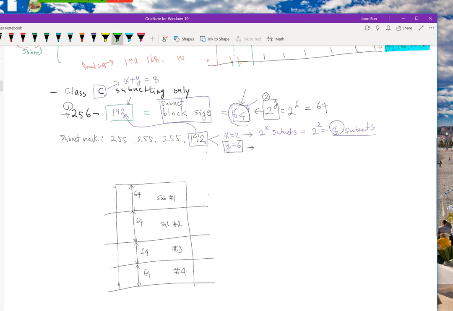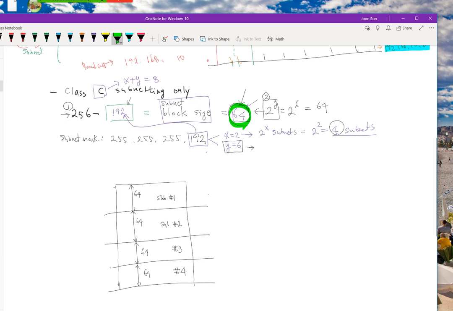Since we know the block size, we know that the network address for each subnet starts on a multiple of 64.